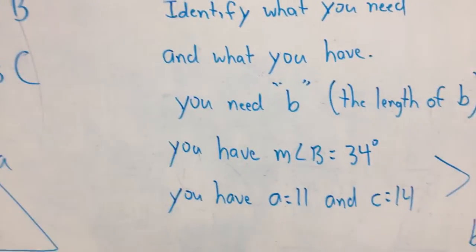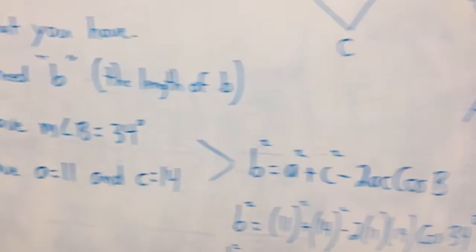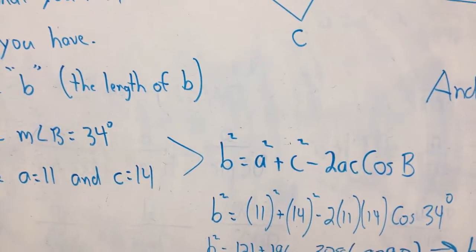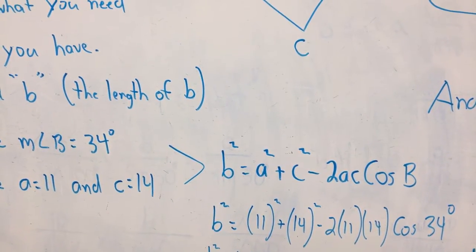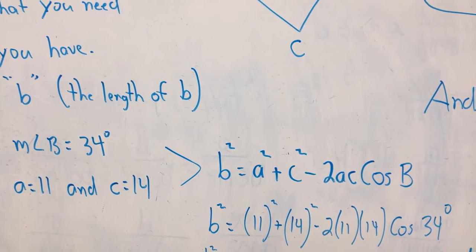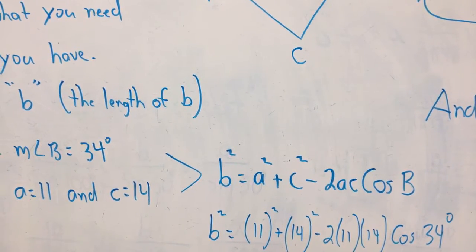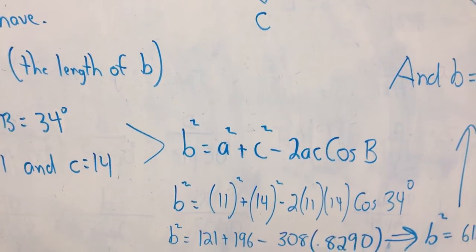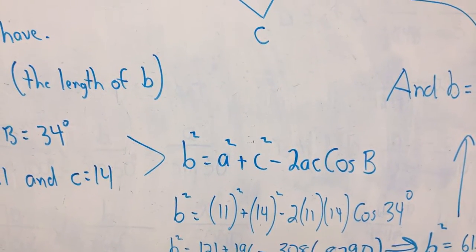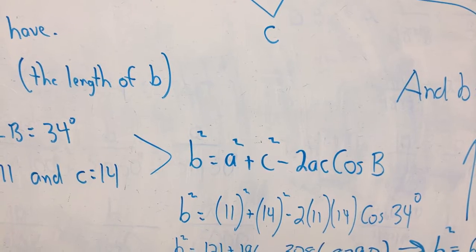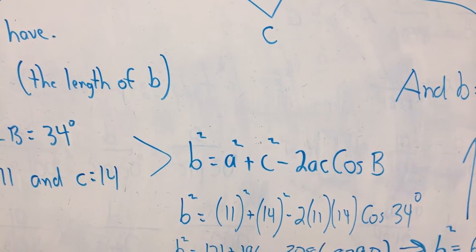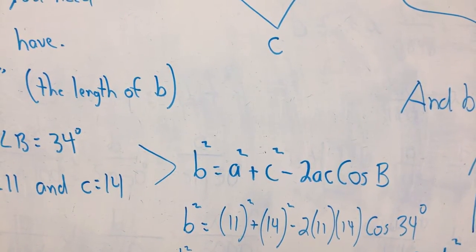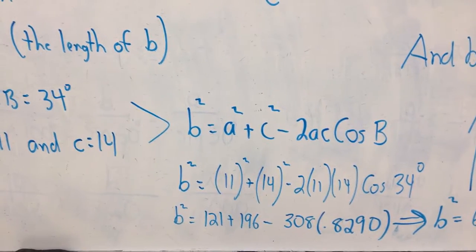So now let's plug what I have into the law of cosines. B squared is equal to a squared plus c squared minus 2ac times the cosine of angle B. A is 11, so 11 squared; C is 14, so 14 squared, minus 2 times 11 times 14 times the cosine of 34.